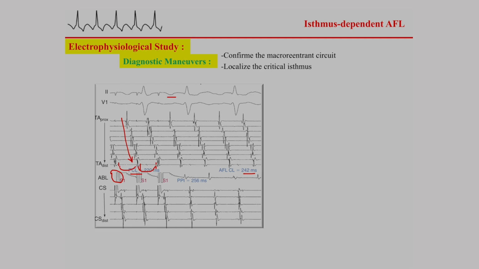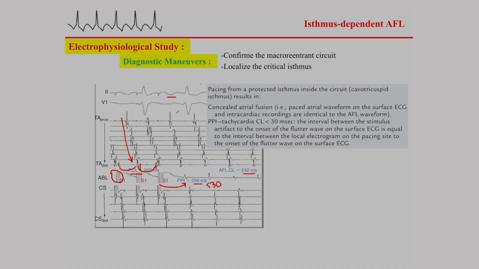So these spikes give this depolarization, and at the end of the spikes, we examine the PPI, the post-pacing interval. If the post-pacing interval minus the cycle length is less than 30 milliseconds, it means that we are in the circuit.